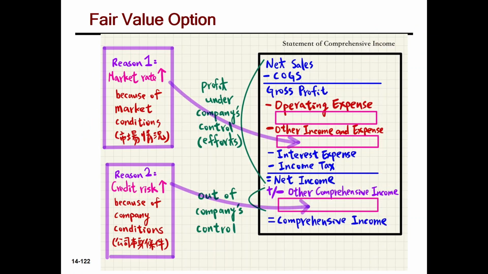But don't worry, here on the next page, remember, net sales minus cost of goods sold, you get gross profit. Gross profit minus operating expenses, minus other income and expense, interest expense, tax, you get net income.